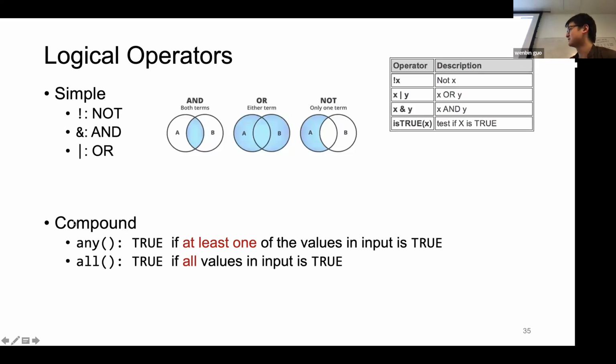This sometimes is pretty useful when you write the if-else statement, because the if condition actually expects the value to be just one single value, either true or not. If it's true, then we will run some code. If it's not true, we run the alternative code. So these two will be useful if you want to map the whole set of true or false to just one single value, using any or all.